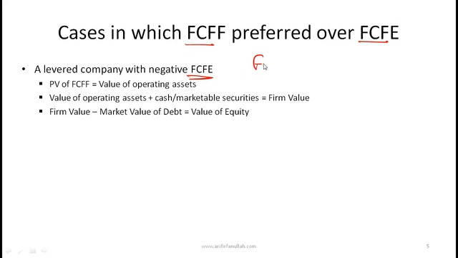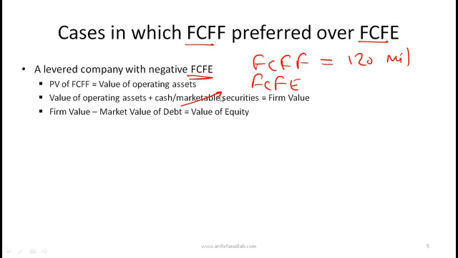So yeah, you should use free cash flow to firm if you have this situation. But is it possible to start with free cash flow to firm? Let's say you figure this is 120 million. From this, how will you figure out the free cash flow to equity? Yeah, you simply deduct the debt. There is also this concept of cash and marketable securities.